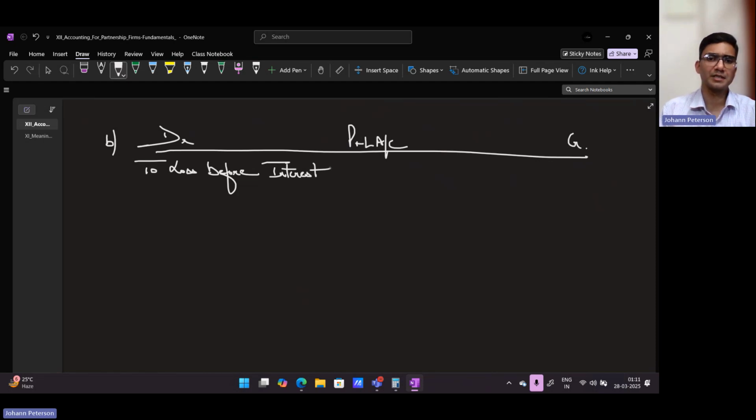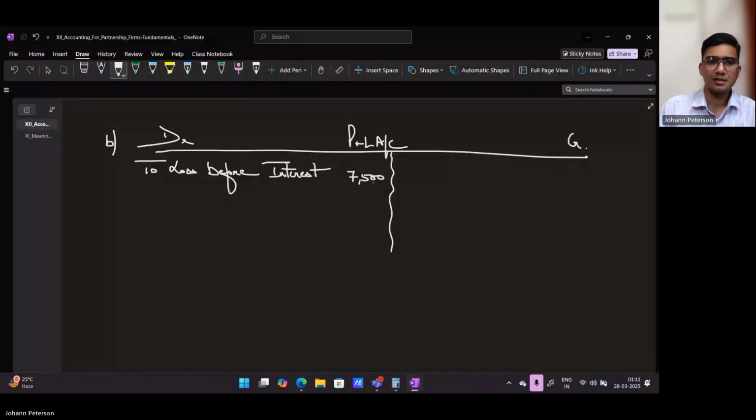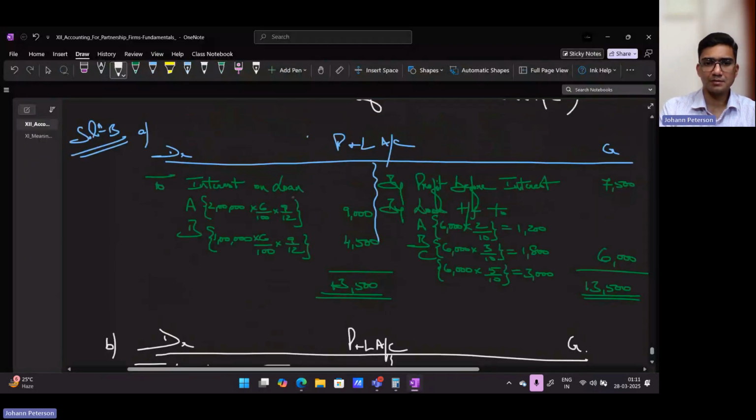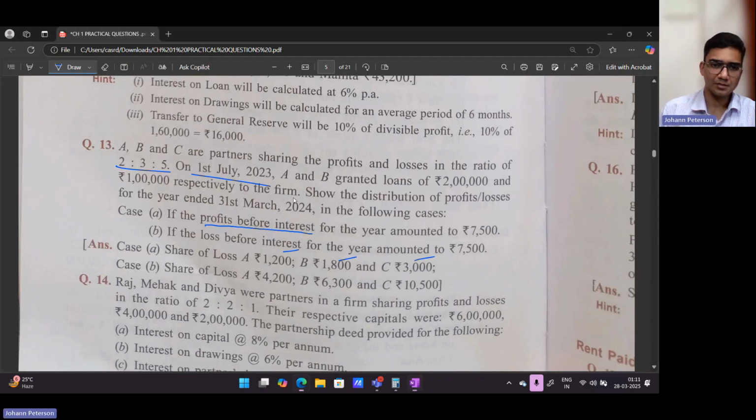Because it's a loss, we will write it on the debit side. Profit and loss account, you are having a loss which is given as 7,500. These two, which are a charge against profits, we have to give. So to interest on loan, as we saw in the previous part. So we have given a loan of 9,000 and 4,500, which is to A and B.